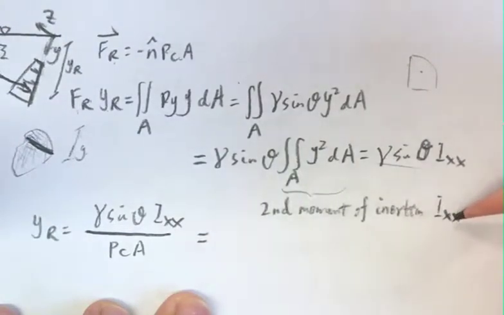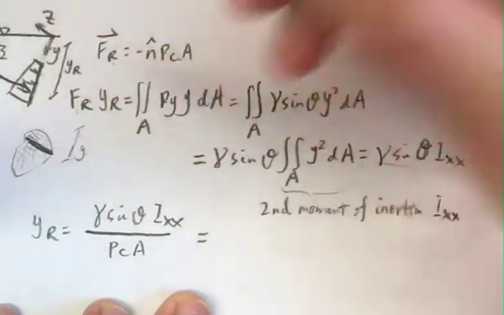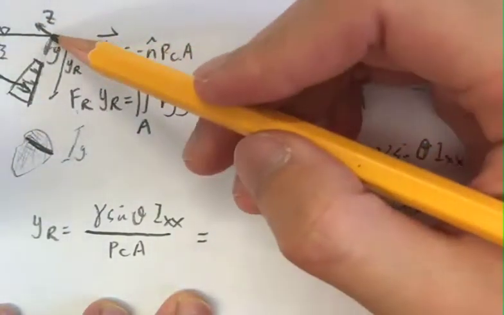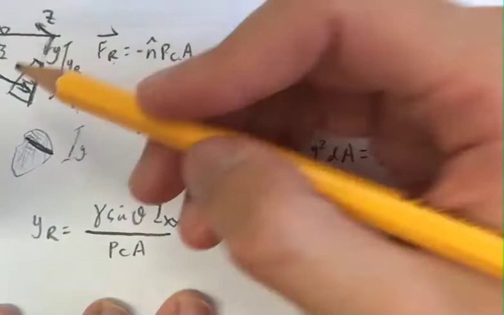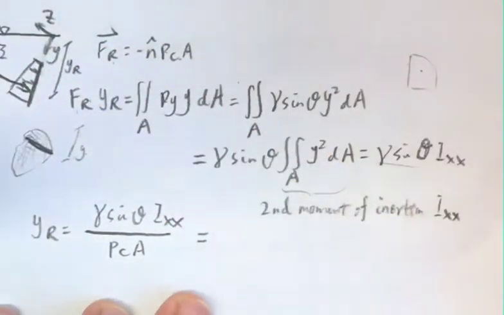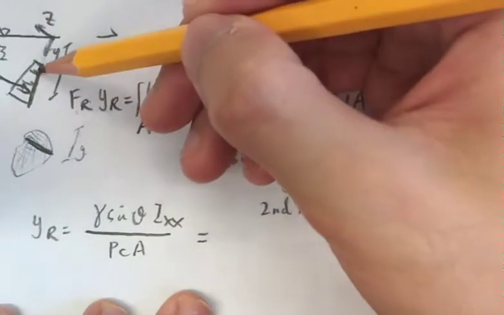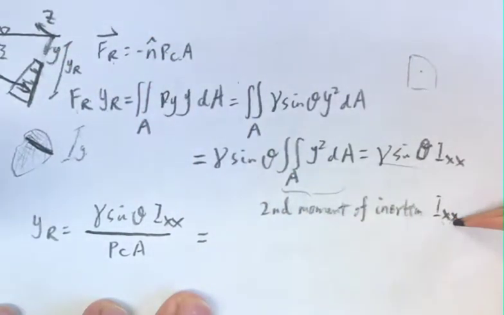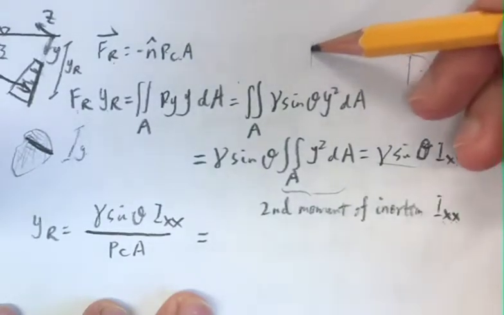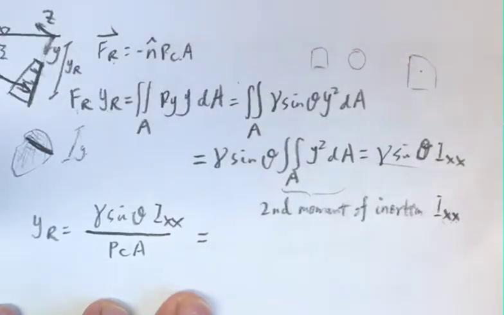Because the Ixx we calculated here is regarding which point? This point, y equals 0, right? This is a random point as far as this board is concerned, right? So we know in mechanics books or formulas, many times the Ixx values of various shapes, rectangle, circle, you name it, are given.